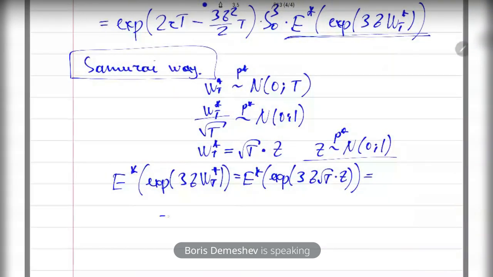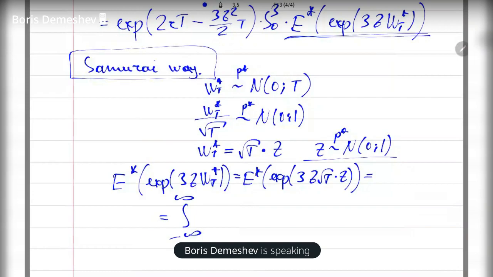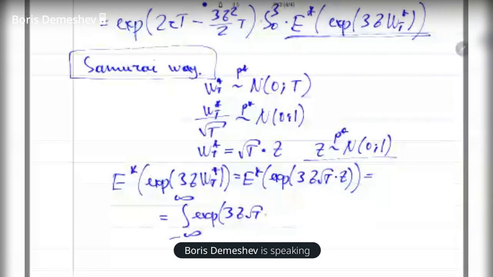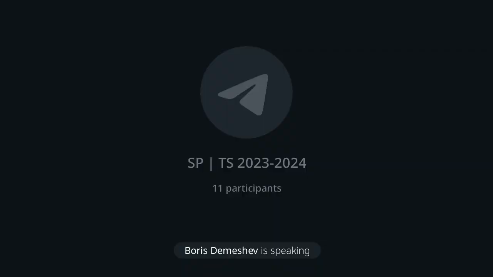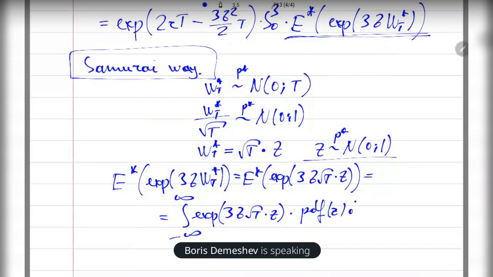And basically the samurai way is to take patience and just integrate. You integrate from minus infinity to infinity exponent of 3 sigma square root of T times Z times PDF of Z dZ.